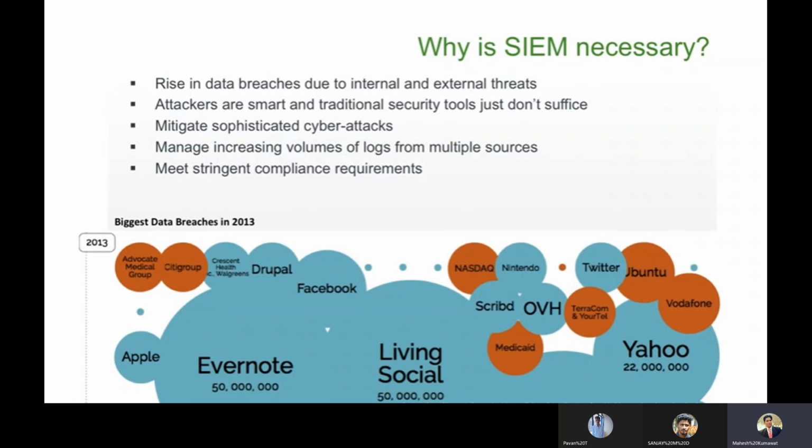So how do the security analyst or the security management team know that a cybercrime has happened? There is a rise in data breaches due to internal and external threats. We have some internal threats in the company and we have external threats. So inside threats and outside threats. Attackers are smart and traditional security tools just don't suffice.